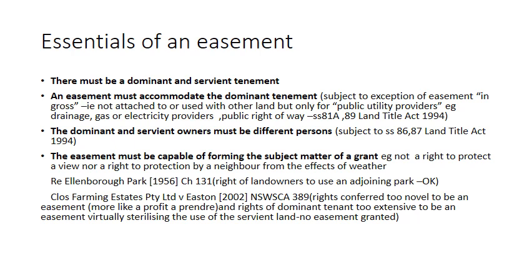Now, that is the one exception to the rule that there must be a dominant and servient tenement. In that case, the dominant tenant does not own land, but only owns the asset, i.e. the pipeline, over which the easement area is set.